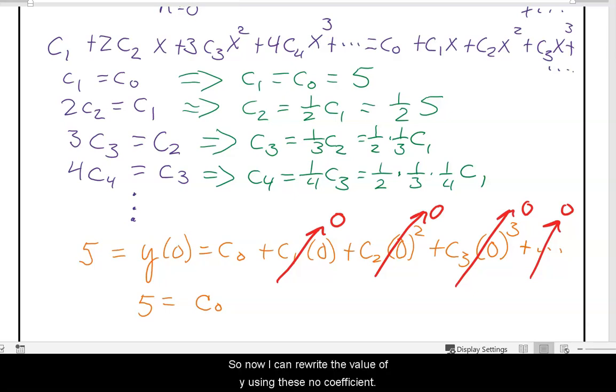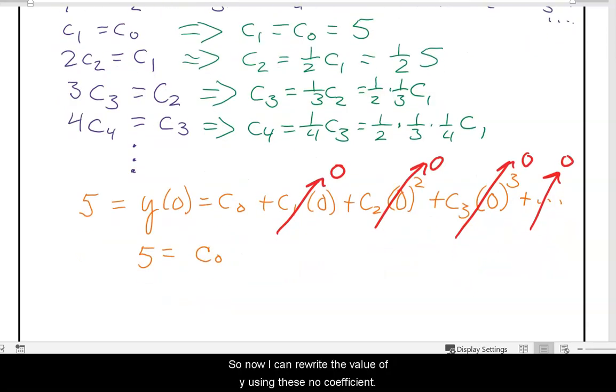So now I can rewrite the value of y using these known coefficients. Let's write this now down at the bottom. Before I can complete that, note that I do need to still plug in the value of 5 for C1.